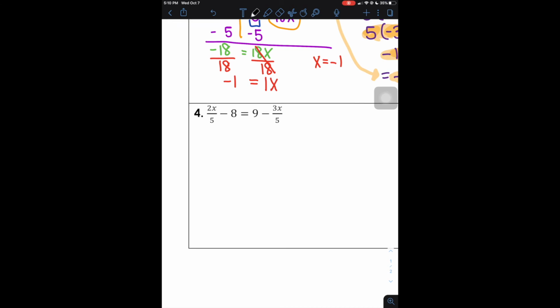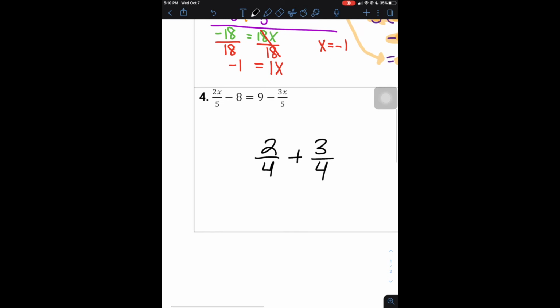So we know that we can add and subtract fractions as long as they have the same denominator. Like in theory, we could add 2/4 and 3/4. And we know that we can add and combine like terms as long as they're like terms.